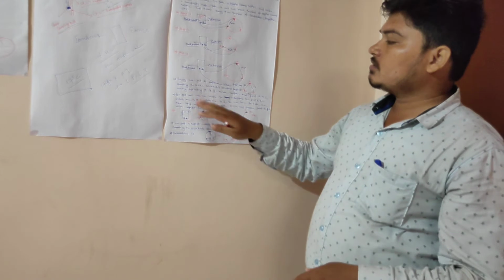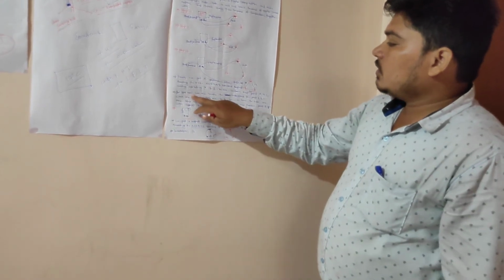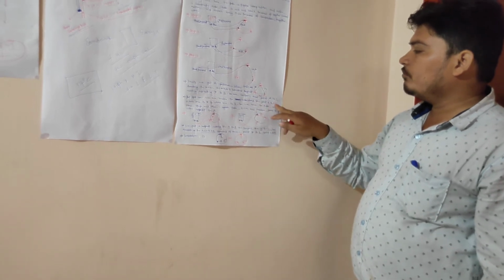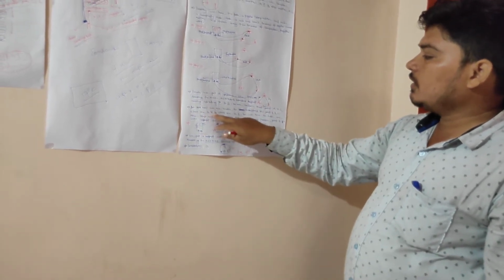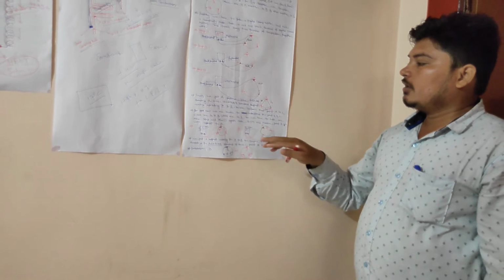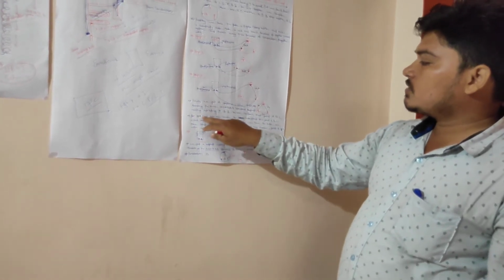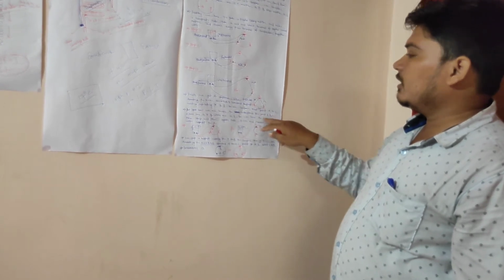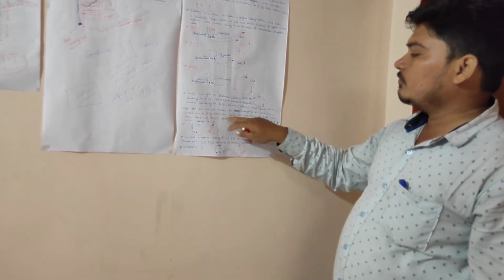Okay. In the next step, we are still unable to understand between point B and C which one is the running and which one is the starter. Here I have written, but still we are unable to understand between point B and C which one is the running and which one is the starter.